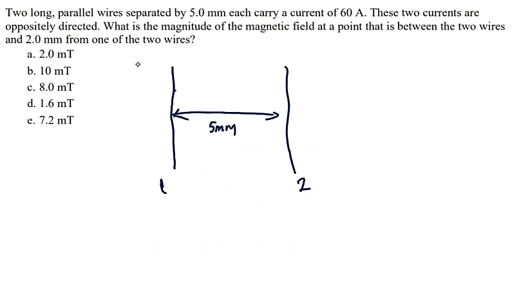Each of them carries a current of 60 amps, so I is equal to 60 ampere. Let's assume this one is flowing down and this one is flowing up.